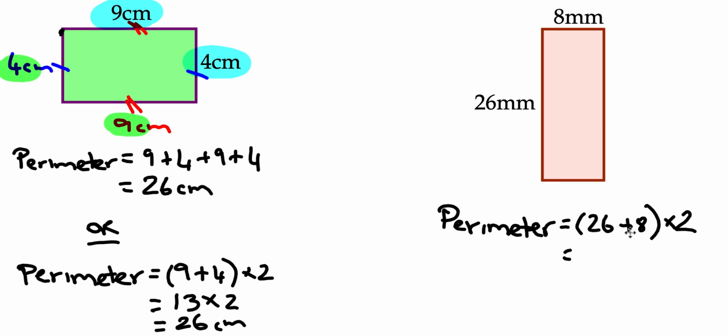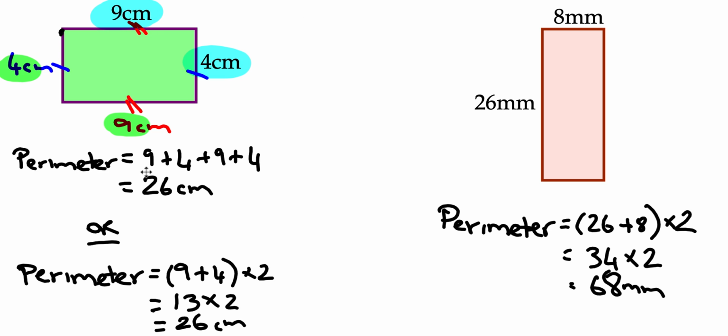So 26 add 8 is 34. We've still got to double it, and the answer is 68. And sometimes, what's it, millimeters? Sorry, always check with the diagram. 68 millimeters. So doubling sometimes is quite easy.